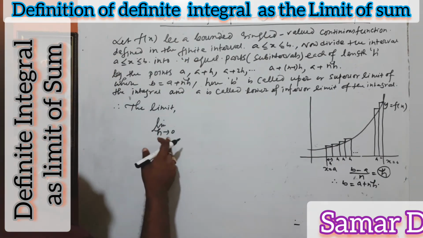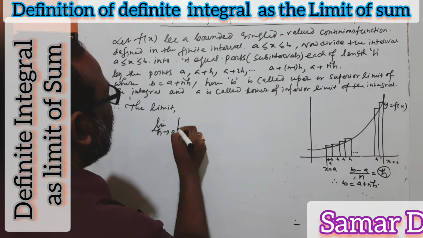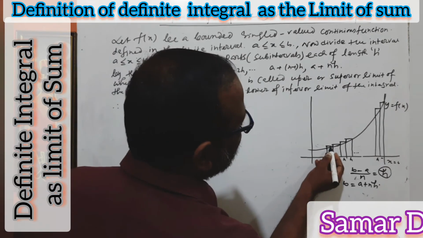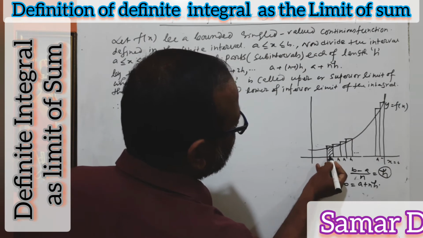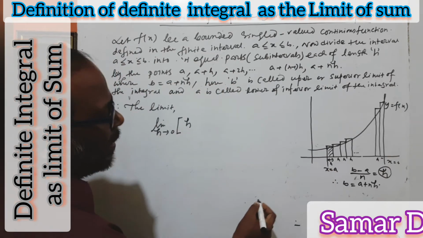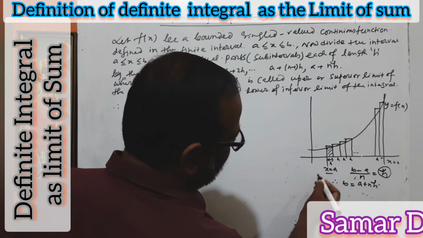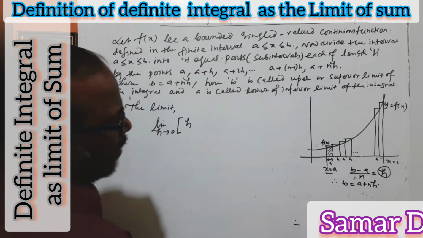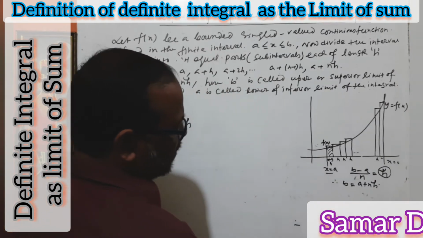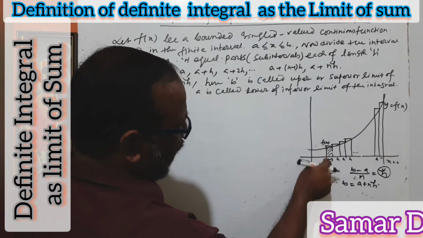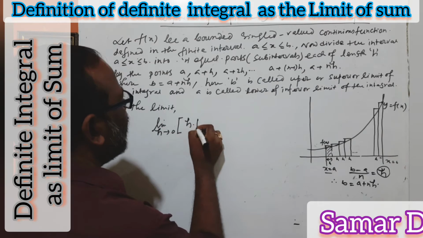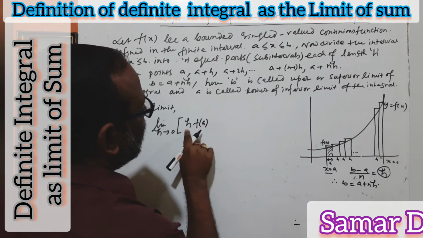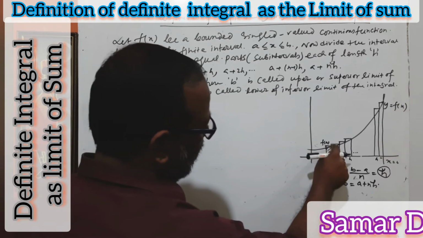So limit h tends to 0, and for this rectangle the base is h and the height at the point x is f of a. The function is y equal to f of x. So if we put a, then the height is f of a, so multiply h by f of a. This is the area of this rectangle.